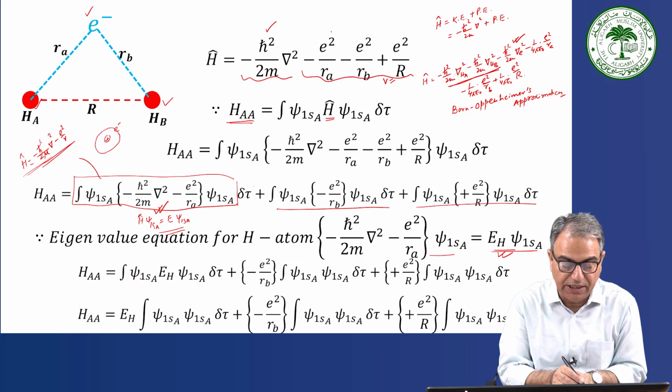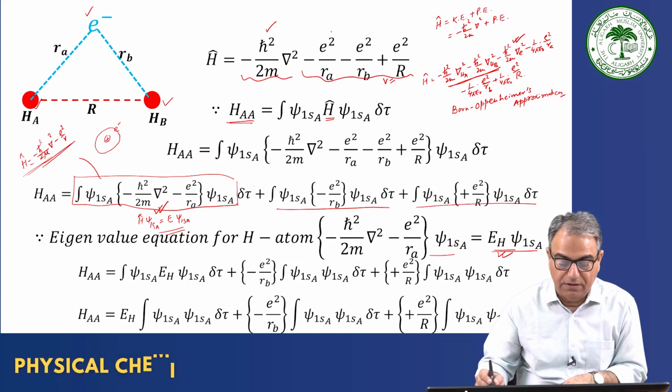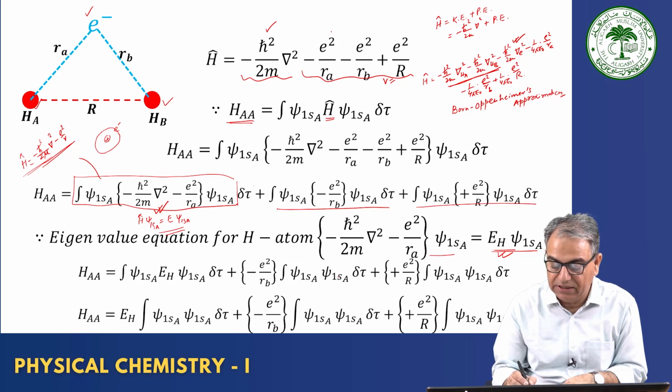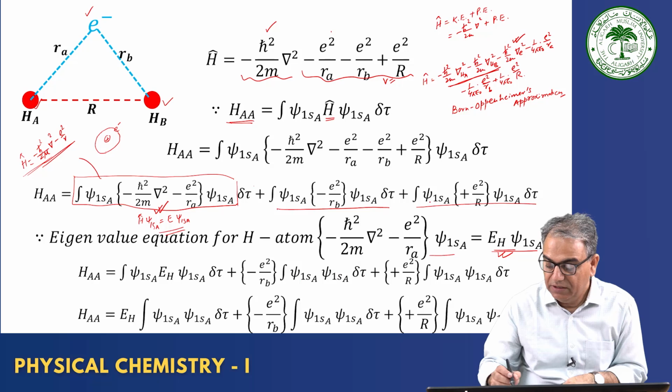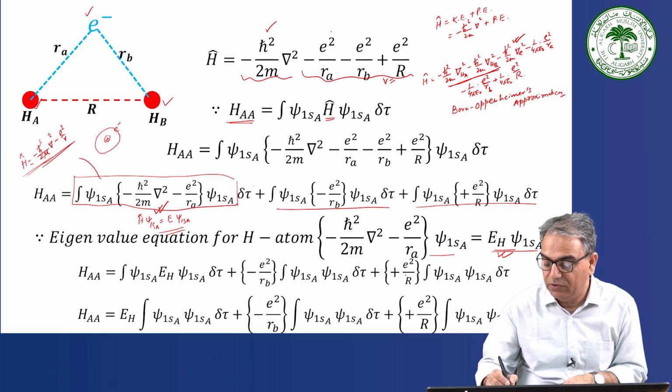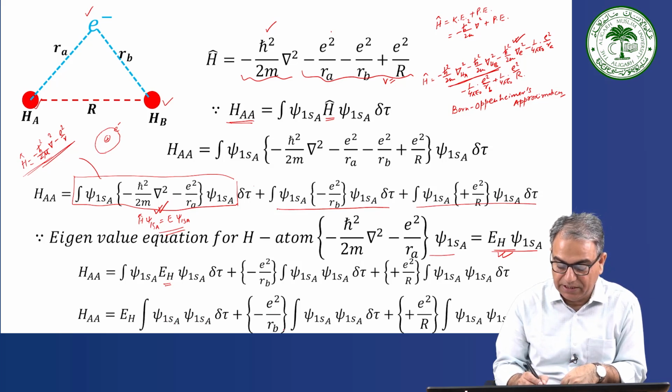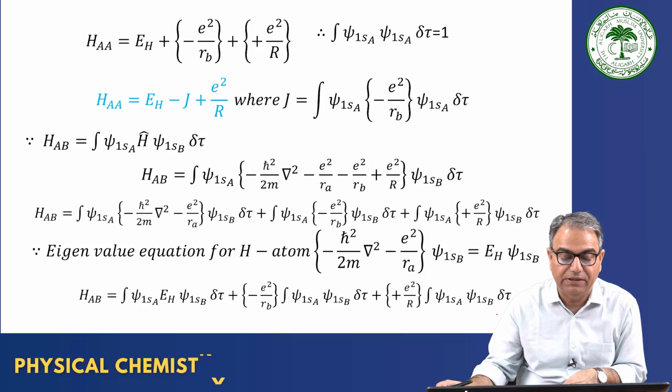So if you put this value in this equation, HAA becomes the integral of psi 1sA times E_H psi 1sA, because of the eigenvalue equation of the hydrogen atom, d tau, plus minus e square by RB integral of psi 1sA squared d tau, plus e square by R integral of psi 1sA squared d tau.